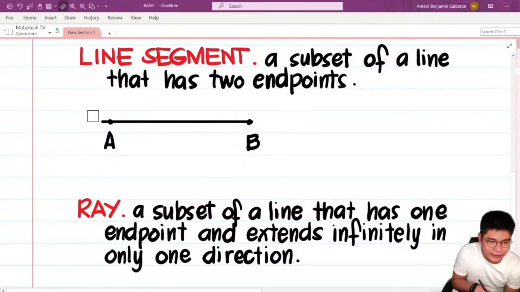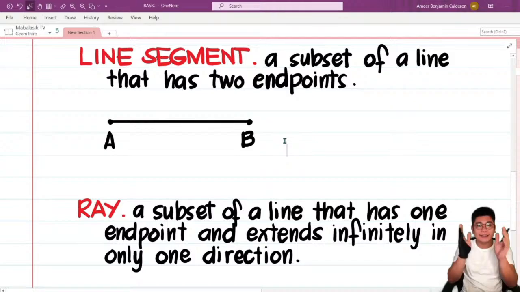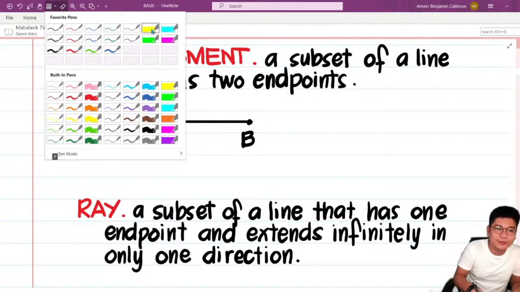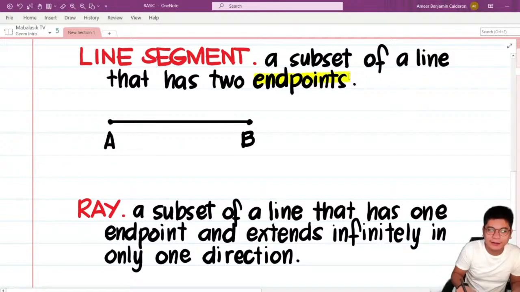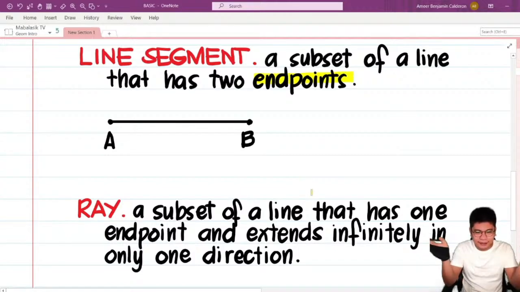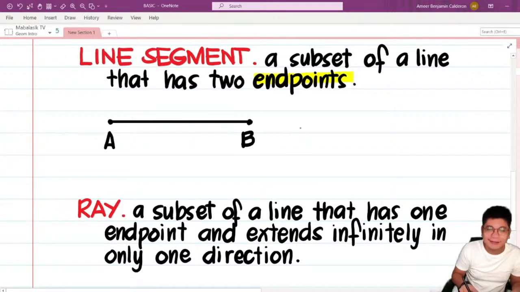So, binura natin yung arrowheads, which is indicative that it does not extend infinitely in both directions anymore. Kasi nga, hindi naman na arrowheads yung makikita natin, endpoints na. Dahil endpoints na yung makikita natin, hindi na sila infinitely extending to both directions. Therefore, that is a segment.